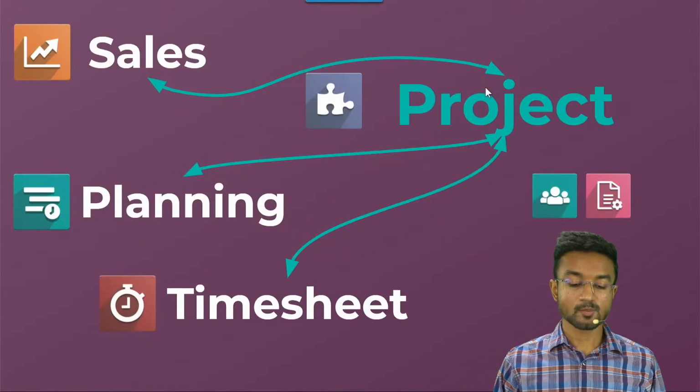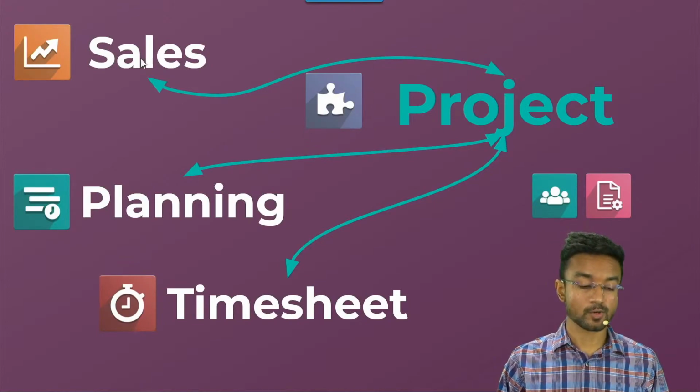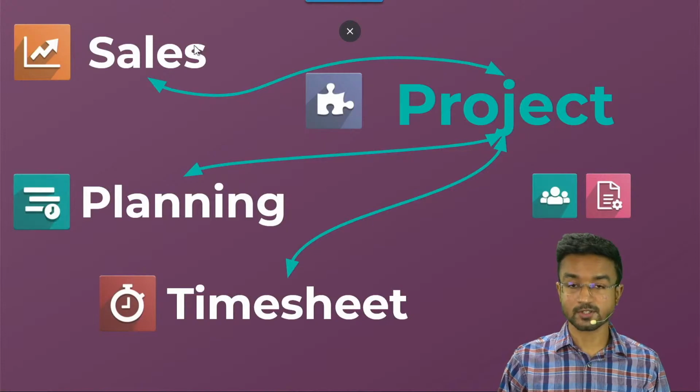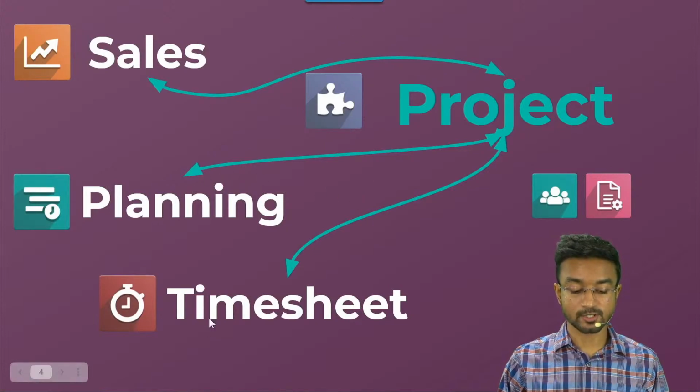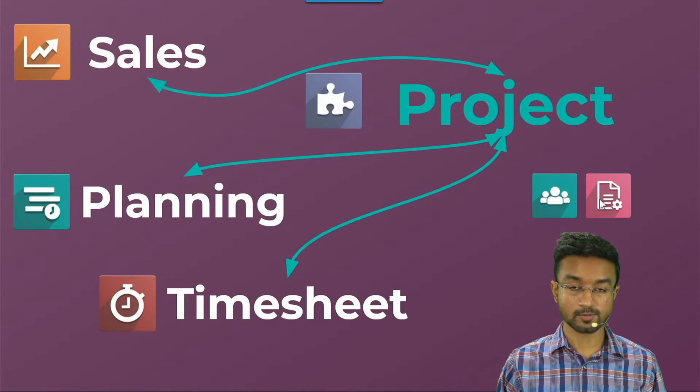So the project application, just to give you a brief overview, talks really well with our sales application on the customer side, as well as some of the internal applications such as planning, timesheet, employees, and accounting.